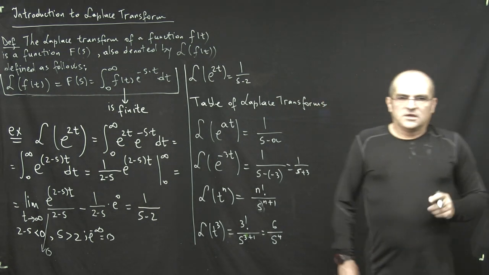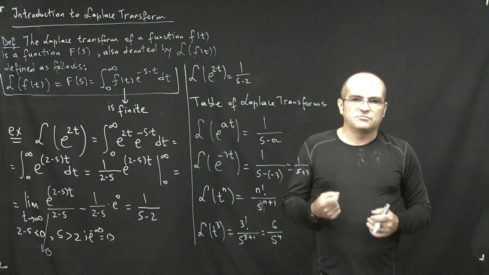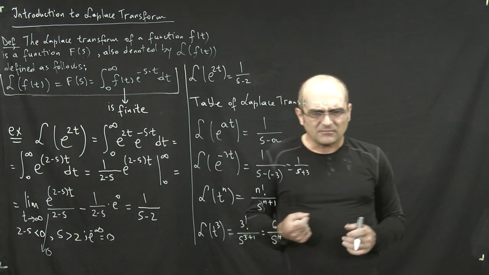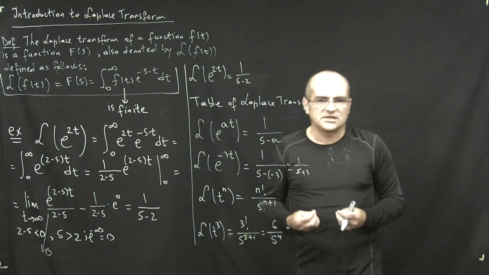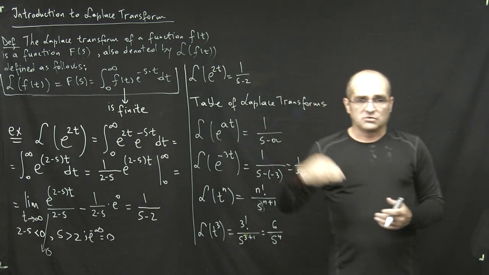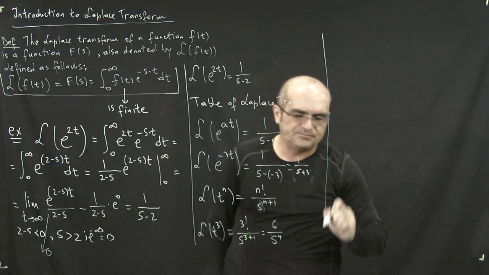Get used to using the table quite a lot from this point on. Make sure you practice until you get the hang of it. It should be just as easy as using differentiation rules, except you don't have to memorize them. You just look at the table and apply the corresponding formula.